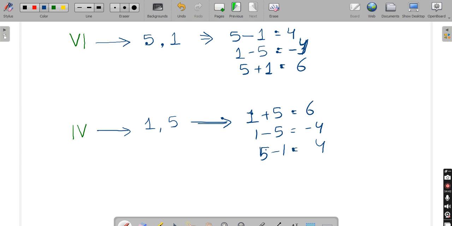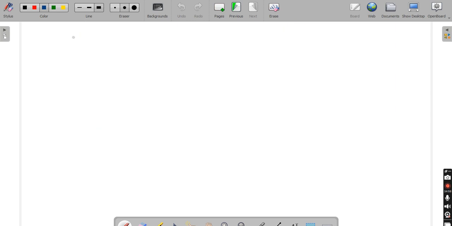Now there are three conditions over there. I think you can understand there is a small confusion if I am writing VI and IV. I am not able to understand whether it is 4, minus 4, 6, or which number I should take. Due to that, the mathematicians created a beautiful rule so that it is easy for you to understand. For VI, the left side number is greater: 5 and 1, the left side is greater, correct?